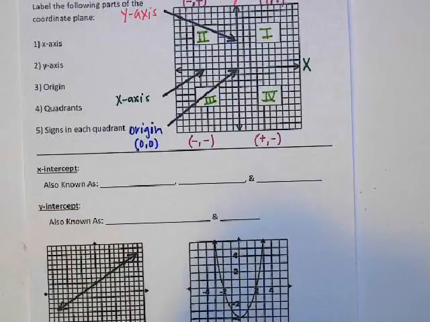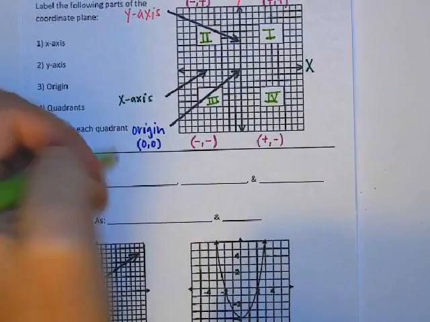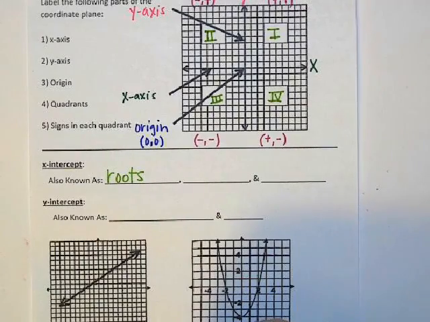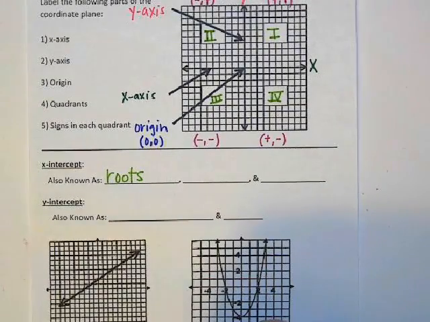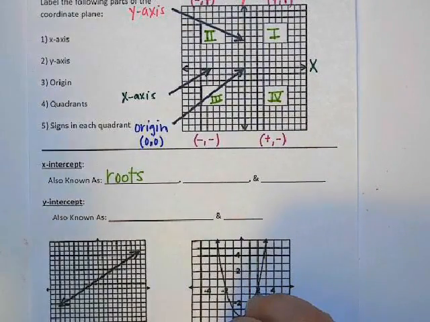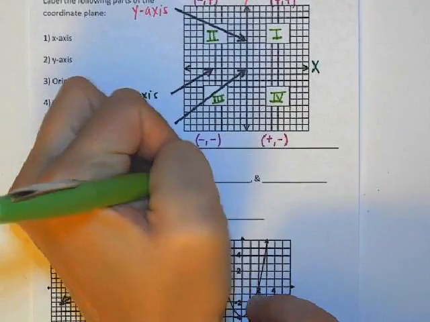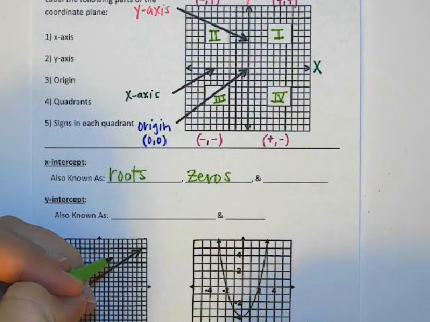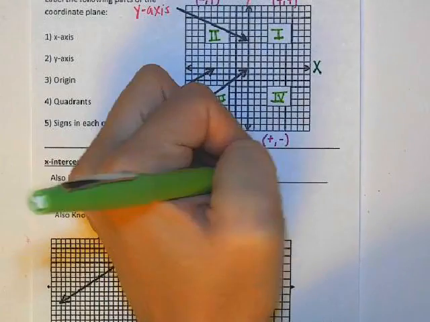Okay, so x-intercepts are also known as roots. You said rocks? Yeah, right here. It's how you're going to remember it. Okay, but the first word is roots. Roots, zeros, and solutions.